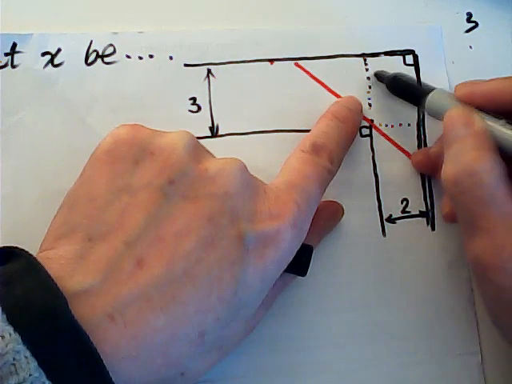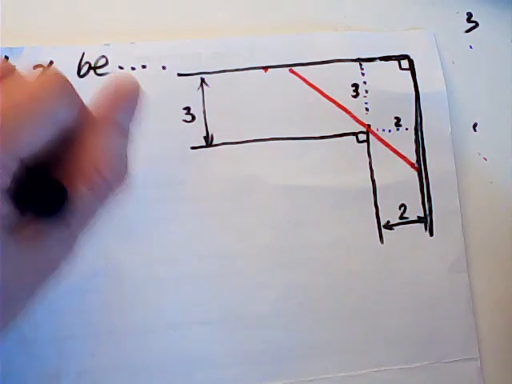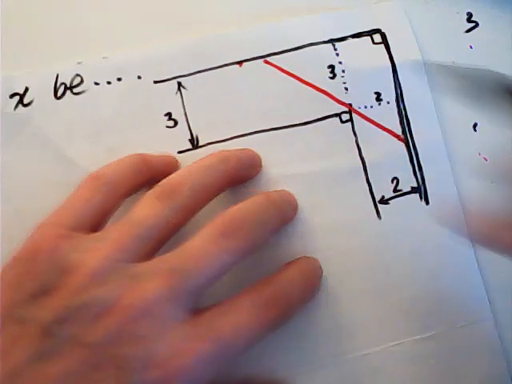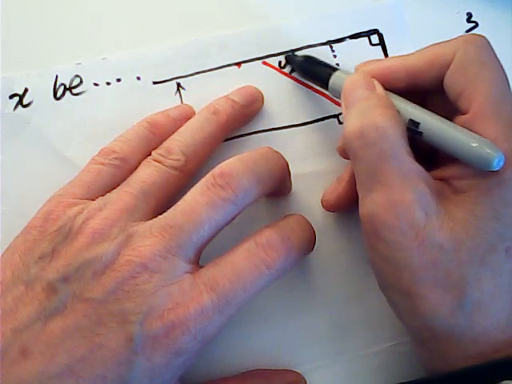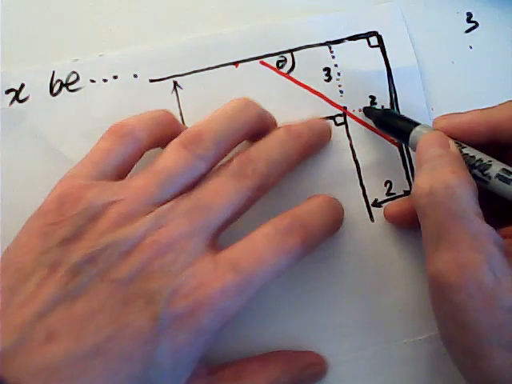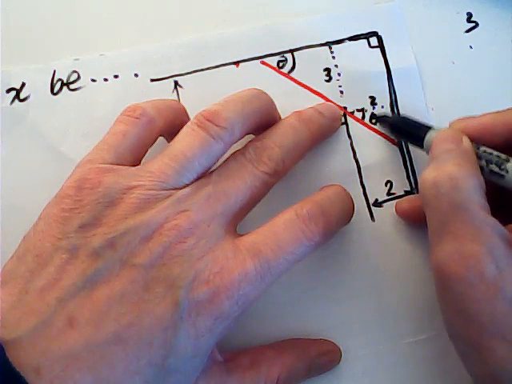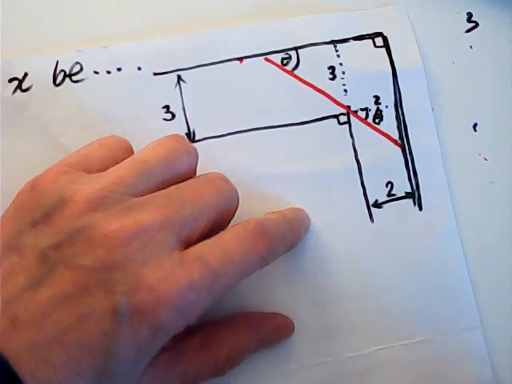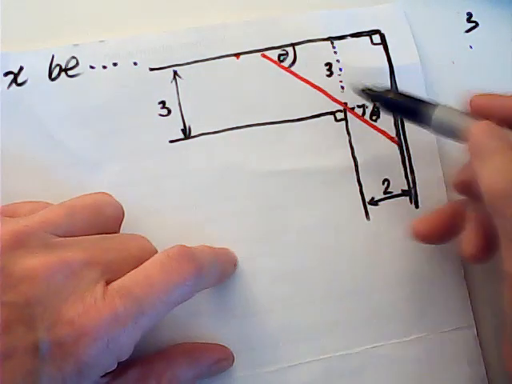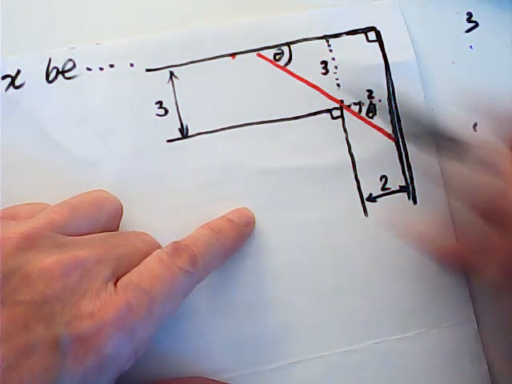So this is 3, this is 2. And I choose this angle as my variable. So this is also theta. I hope you can see it clearly. Theta determines the length of X. X is the length of the red line.